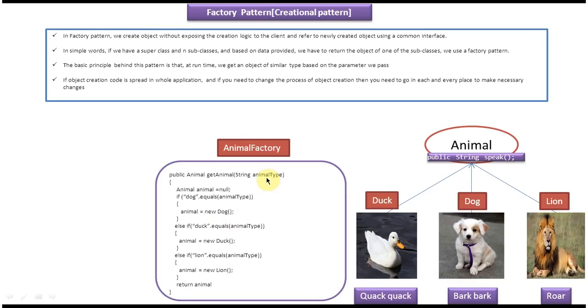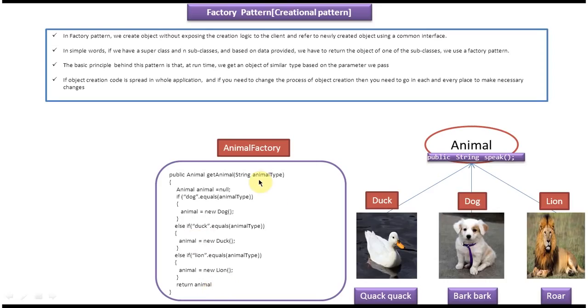Suppose you pass the animal type as dog. Then it will go to this if clause and create a new Dog object and assign it to the Animal superclass reference, and finally that Animal superclass reference will be returned to the caller. Like that, if you pass duck, then this method will create the Duck object and assign it to the superclass reference Animal, and that reference will be returned to the caller.